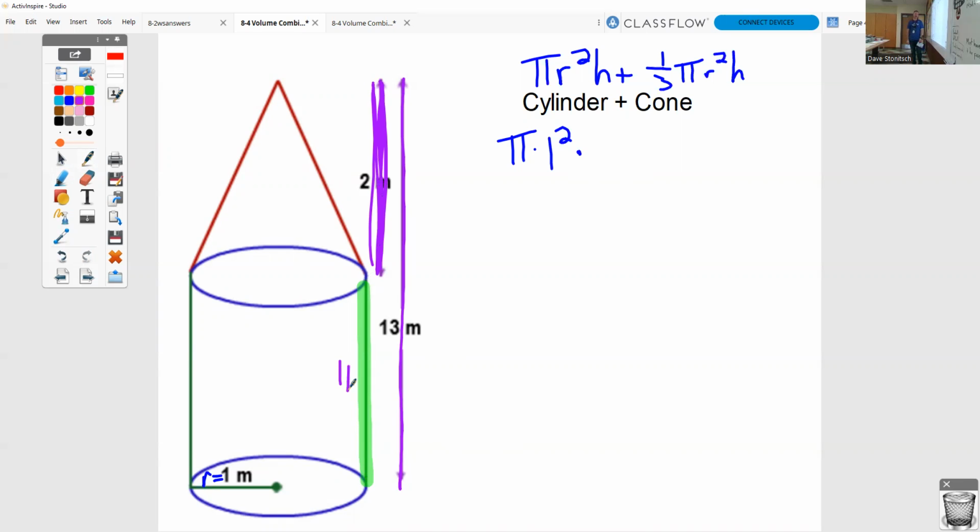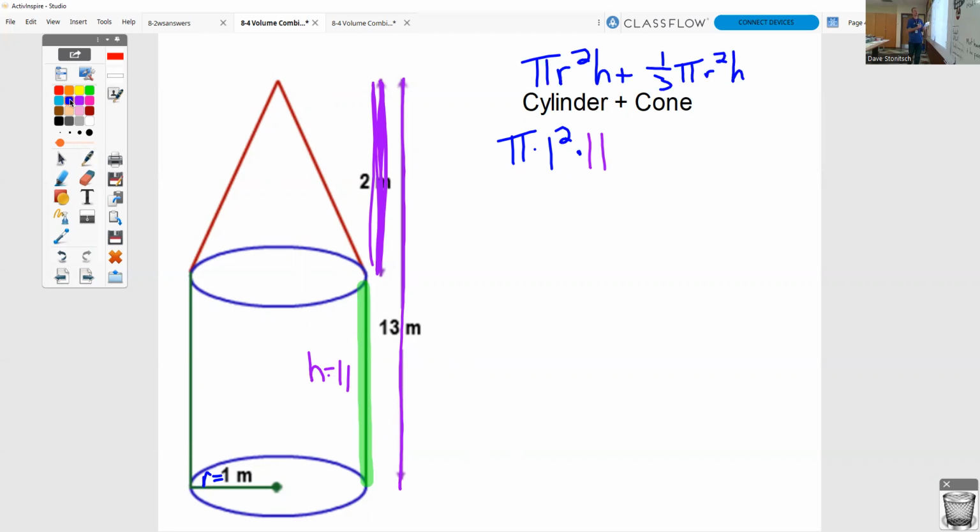That is the height of the cylinder. You have to subtract the 2 of the cone from the whole distance of 13, and that gives you a height of 11 for the cylinder. So sometimes they won't always give you the measurements. Sometimes you have to calculate those measurements.